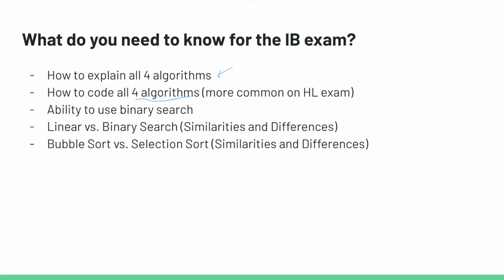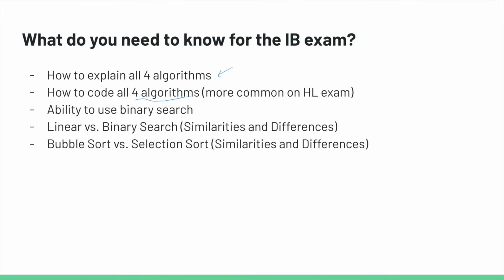So if you don't have the time to learn how to code all 4 of these algorithms, I would at least focus on being able to code a linear search, which is by far the most common sorting and searching based code question on the exam. However, if you are doing HL, I would recommend that you know how to code all of these algorithms.